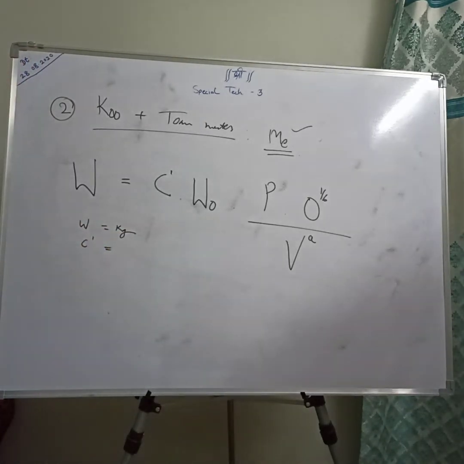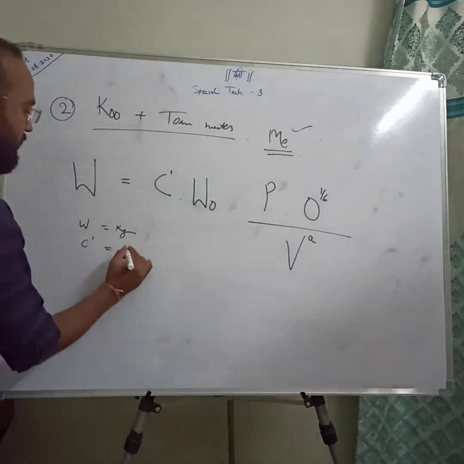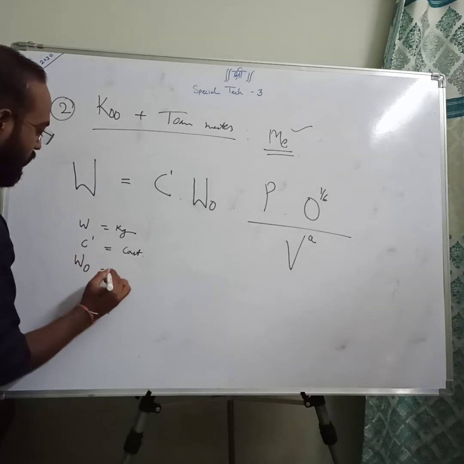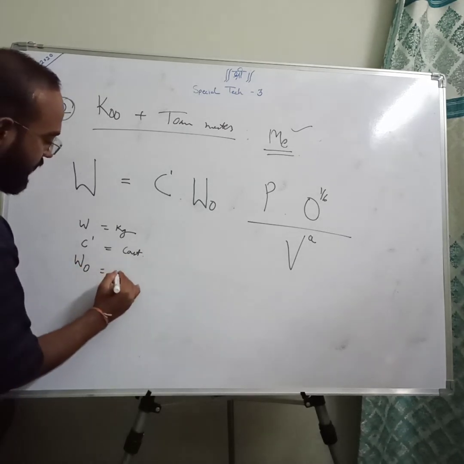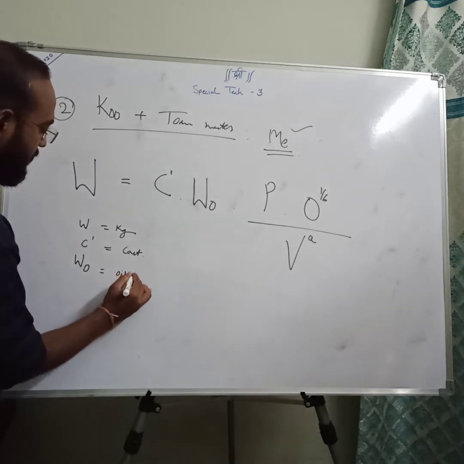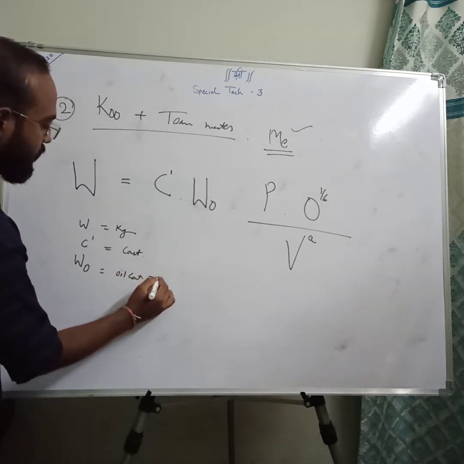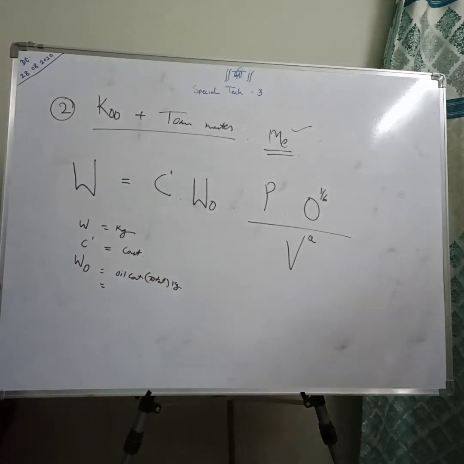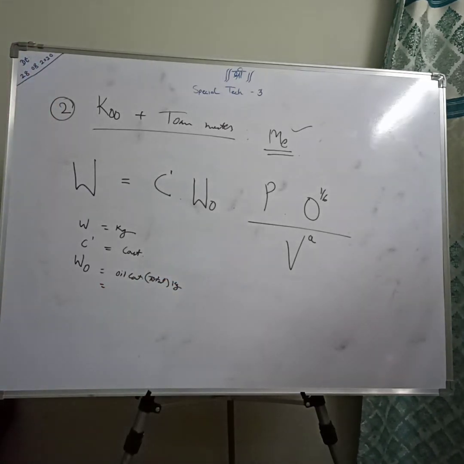C dash is the press constant depending on the type of material; it is a constant. Capital WO is the original amount of oil present initially in the oil seeds, that is the total oil content, again in kg. Capital P is the pressure applied.